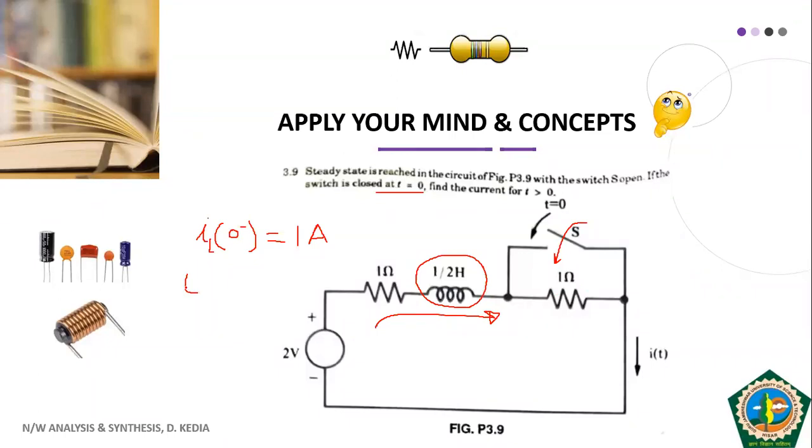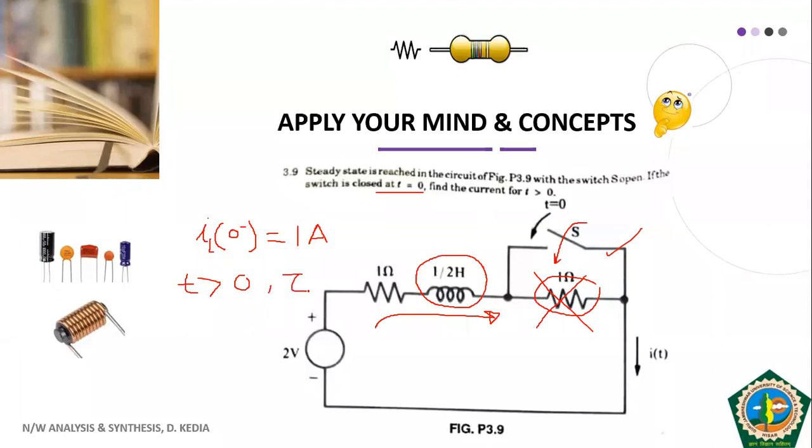For t greater than 0, the switch has been closed. And once the switch is closed, you see this resistance is shorted. Shorted means in a way it is removed from the circuit.